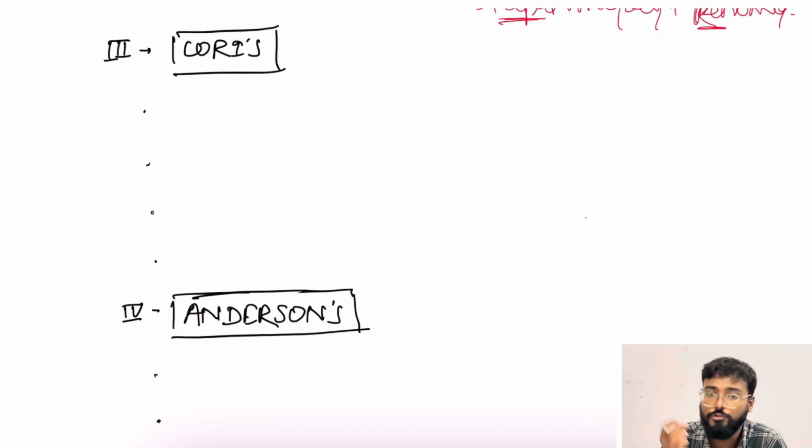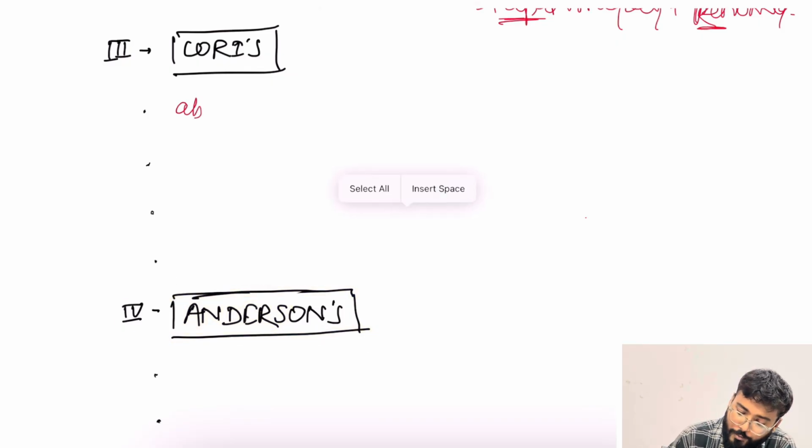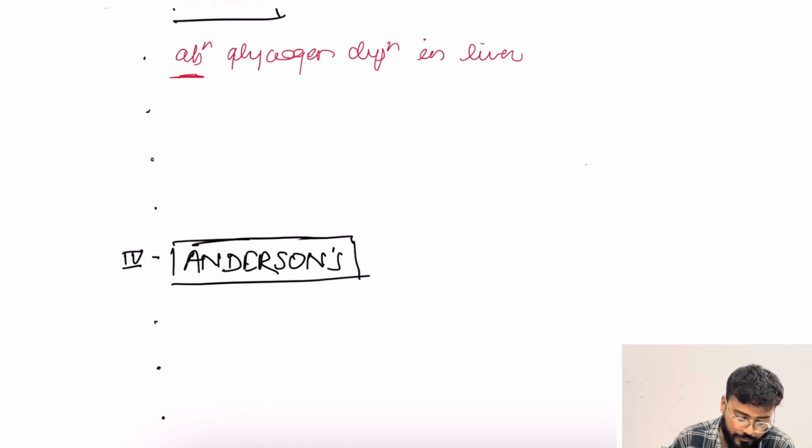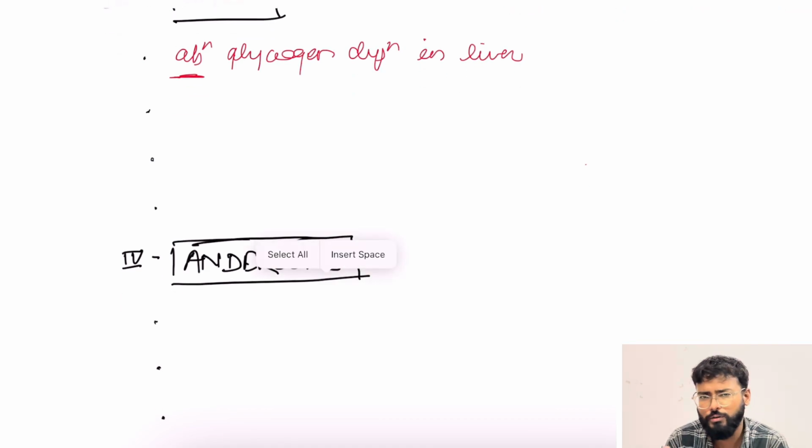Now the type 3 is your Cori's, and the defining feature is abnormal glycogen deposition in liver. The glycogen that is deposited inside the liver is an abnormal form, and obviously you are going to see fasting hypoglycemia, as it is a liver GSD.